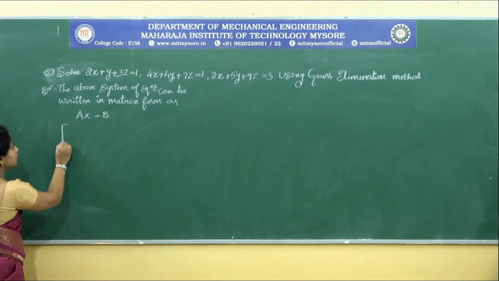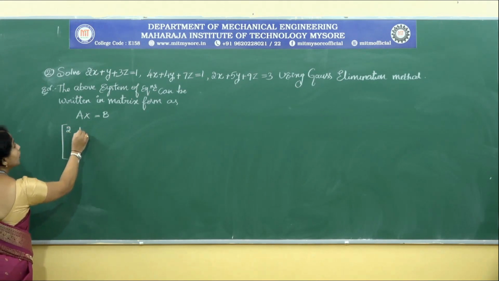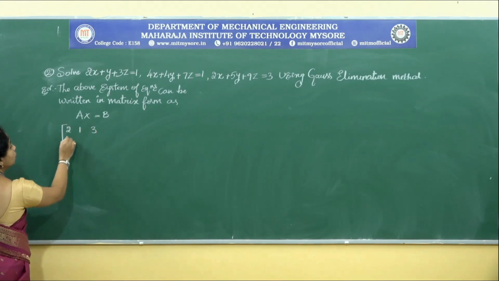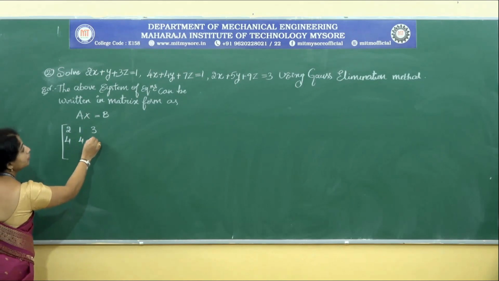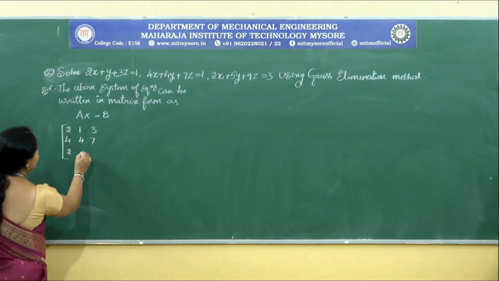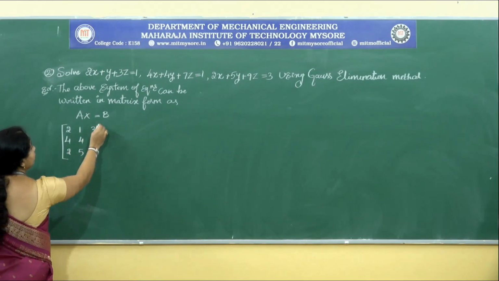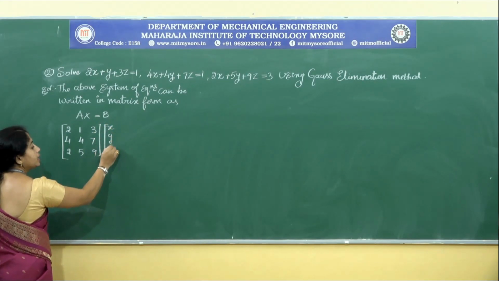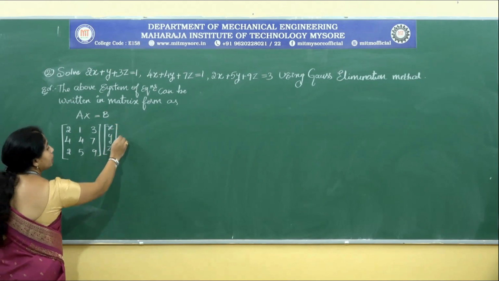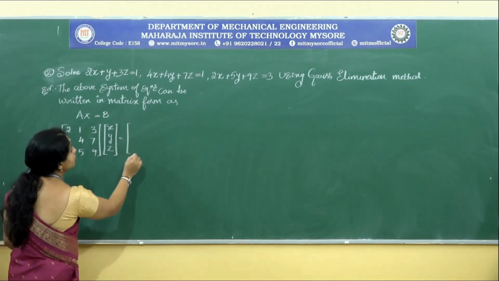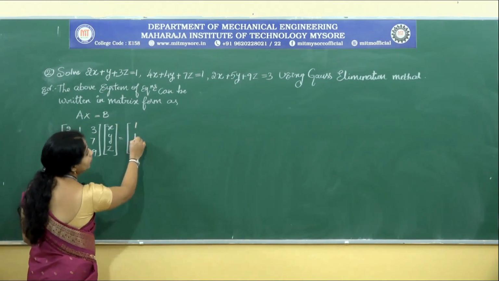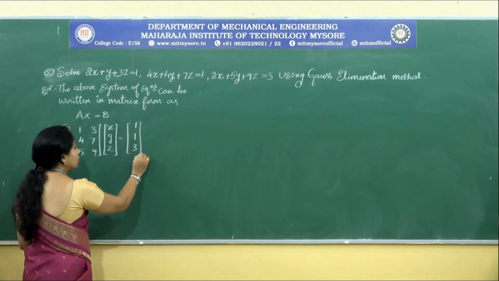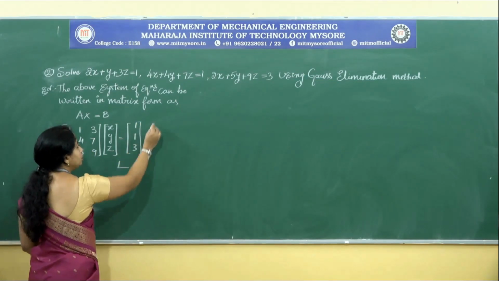The coefficient matrix is 2, 1, 3, 4, 4, 7, 2, 5, 9. Matrix of unknowns is, there are 3 unknowns, x, y, z equals matrix of constants is 1, 1, 3. Consider this matrix as 1.